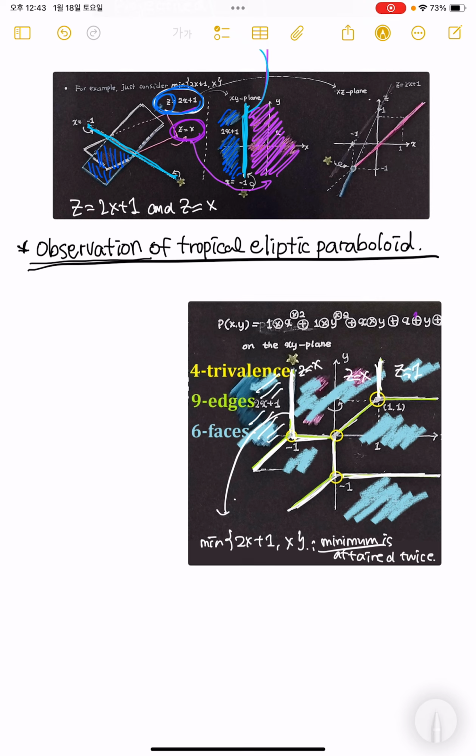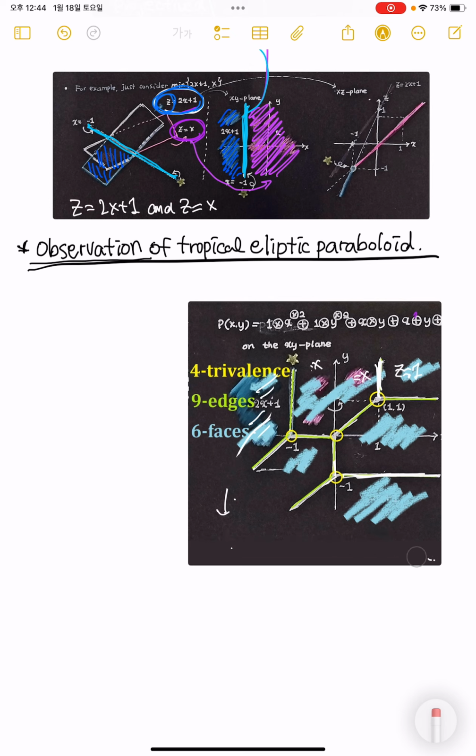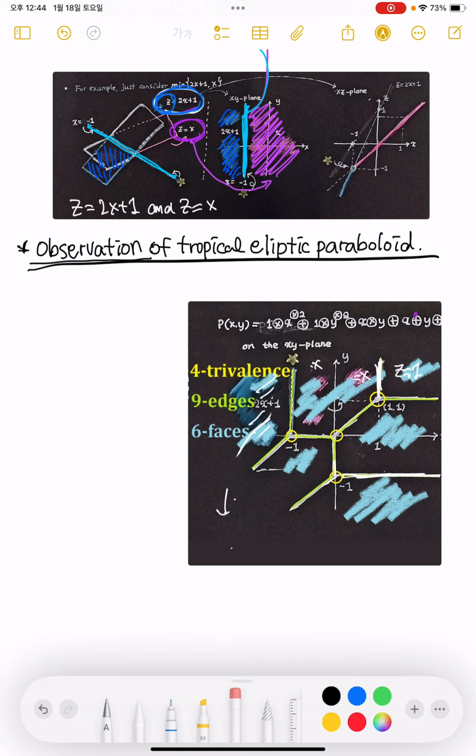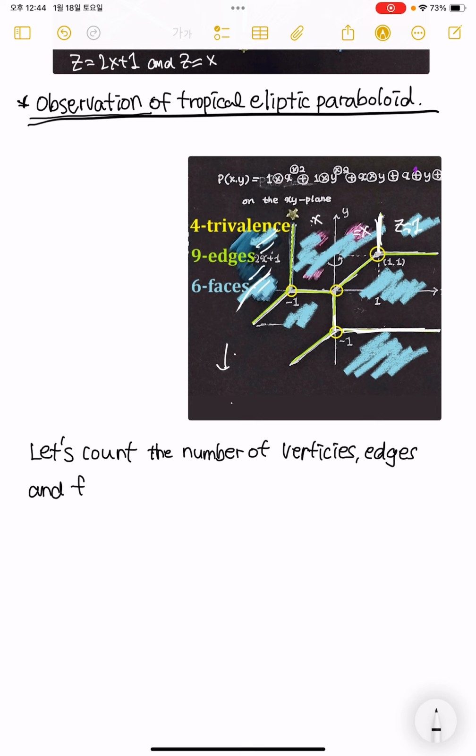Another important point is counting. Let's count the number of vertices, edges, and faces.